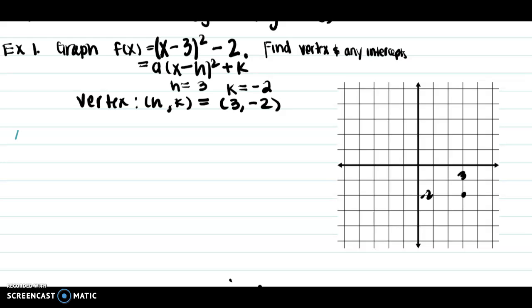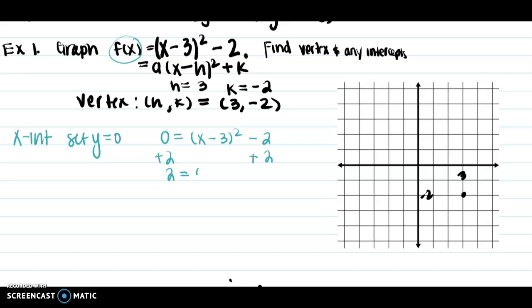So remember, to find the x-intercept, you're going to set y equal to 0 and then solve for x. So y is actually f of x, so 0 equals (x minus 3) squared minus 2. This is the square root method, so you could add 2 to the other side.